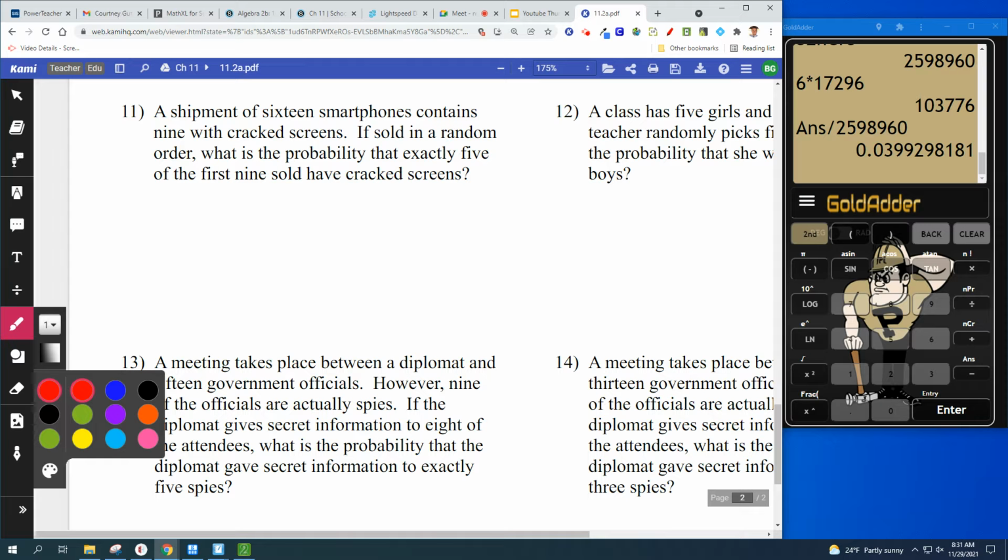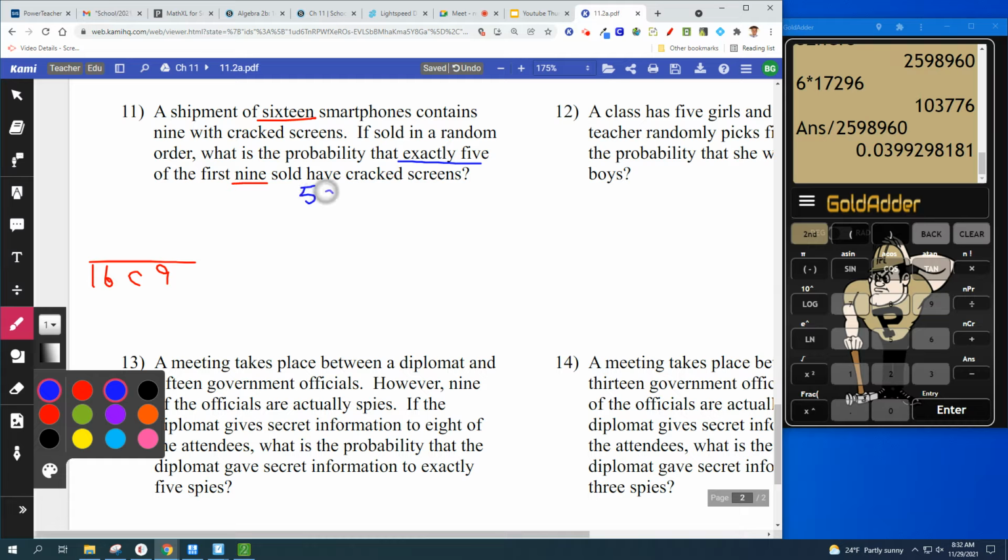So we've got 16 smartphones and we're selling 9. So the denominator is definitely going to be 16 choose 9. You can kind of see that right now because that's the total. But the numerator is what we are looking for specifically, and that is exactly 5 of them are cracked.